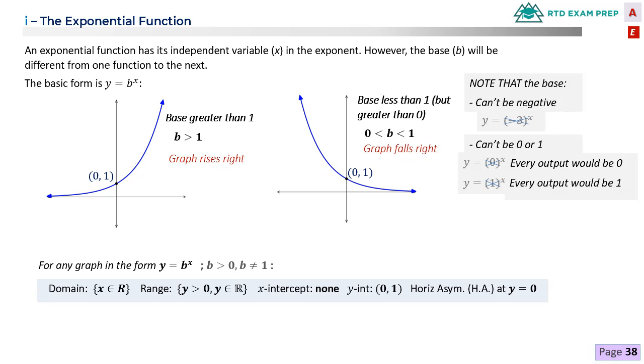So the graph is approaching but not actually reaching the x-axis. This means we'll have no x-intercept. Again, that changes once we have a k value. If we do not have a coefficient in front of our base, then our y-intercept will be 1. This is because, regardless of what the base value is, when we put the exponent as 0, it will always output a height of 1.